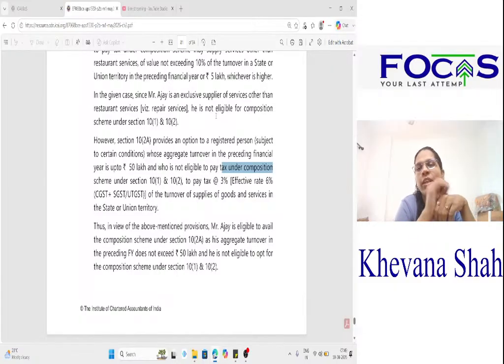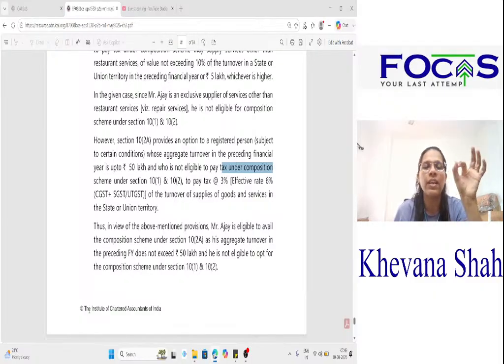So, if you are not eligible for section 10(1) and 10(2), and if your turnover is up to rupees 50 lakhs in the preceding financial year, then you are eligible to go for section 10(2)(a). The effective rate for section 10(2)(a) is 6% of your turnover of supplies of goods and services. It is 3% each for CGST and SGST or UTGST.